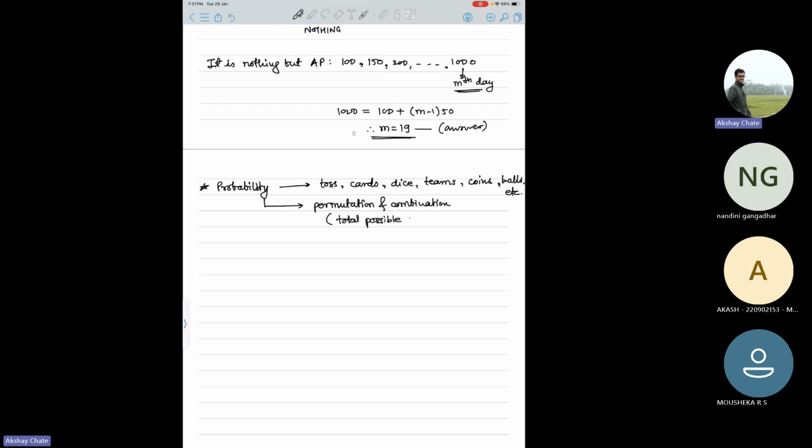See, probability is nothing but a ratio of favorable outcomes for a particular event divided by the total number of possible outcomes in that experiment, right? So that is the definition of probability. So in many cases, to calculate the total possible outcomes, we take the help of permutation and combination concepts. Okay, so loosely speaking, probability topic can be divided into these two types.